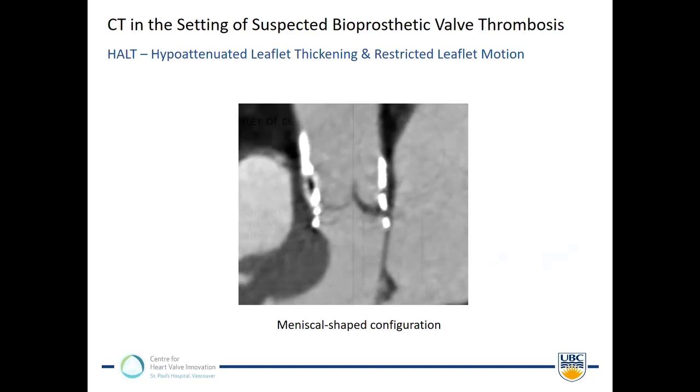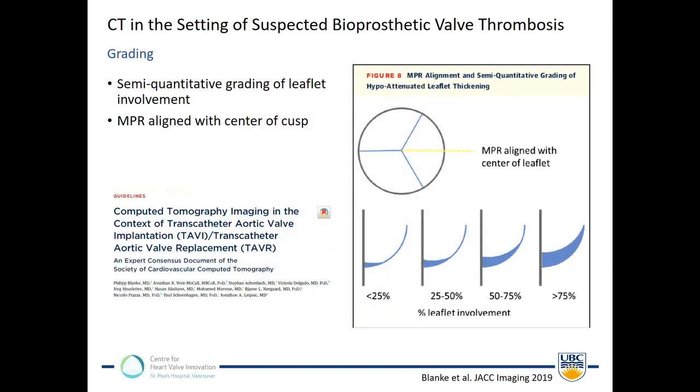And it's important to then employ an appropriate grading scale. When we put together the guidelines, which were published earlier this year, we came up with a quantification method very similar to coronary artery stenosis grading: a semi-quantitative 4-tier grading scale in pretty much 25% brackets, less than 25, 25 to 50, 50 to 75, and then above 75.